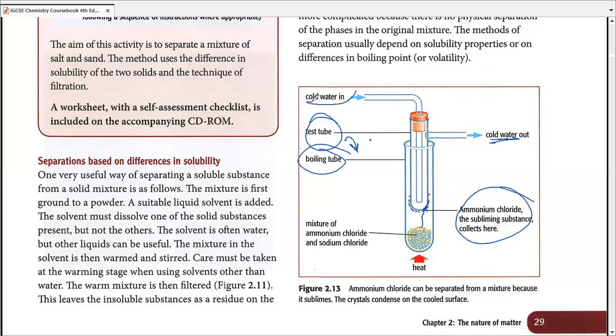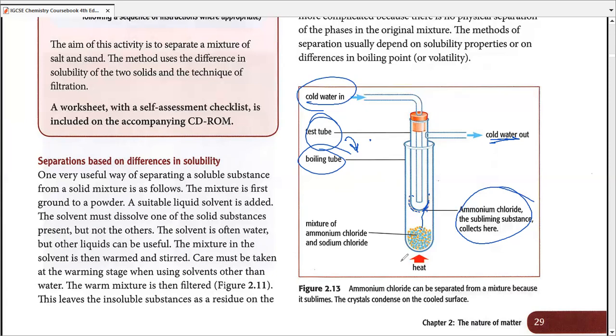It is because we have cold water running through this entire system. So as soon as this hot gas comes in contact with this cold water tube, the heat is exchanged, the gas becomes cold, and it sticks to the bottom of the test tube over here due to the heat exchange, right? Make sense?